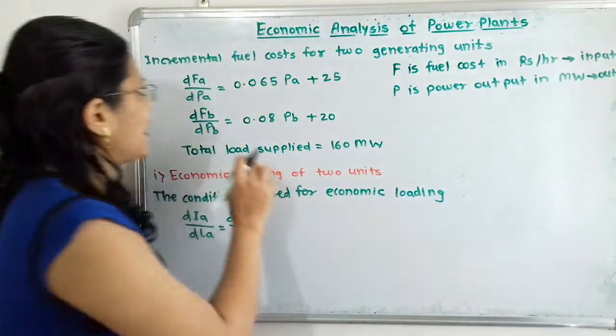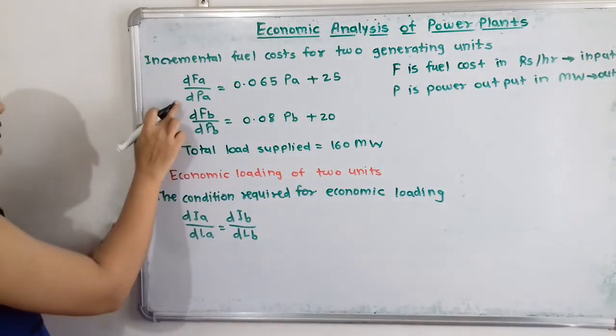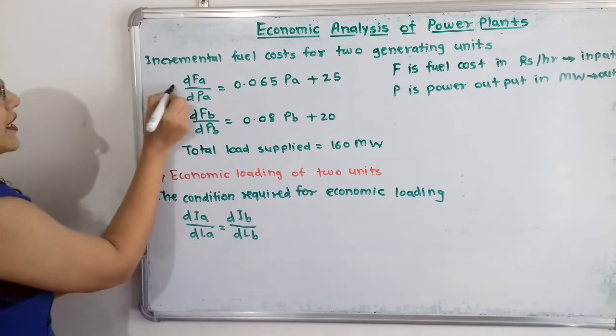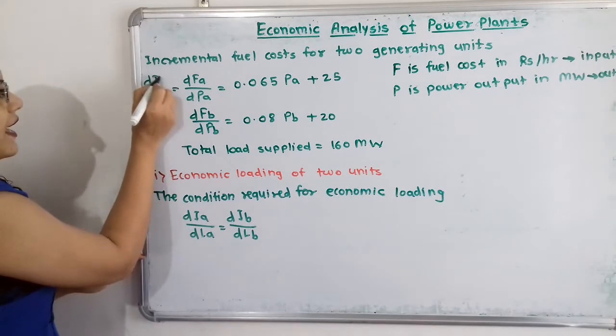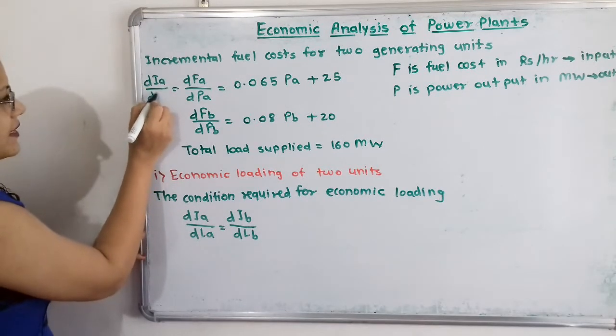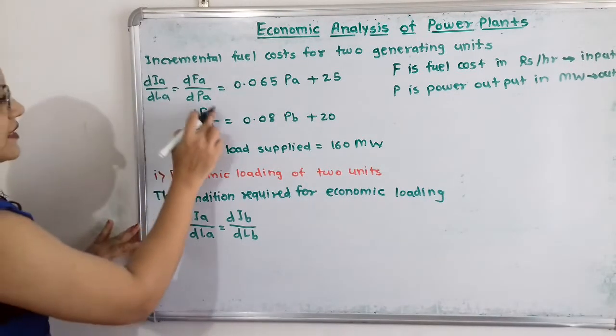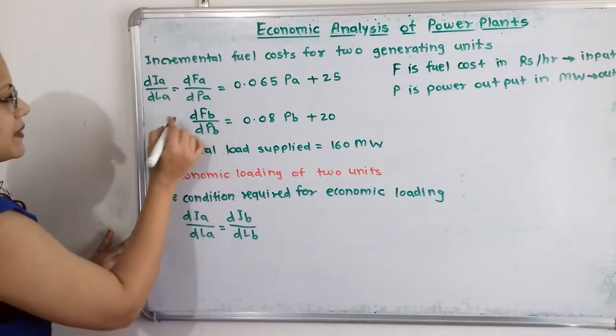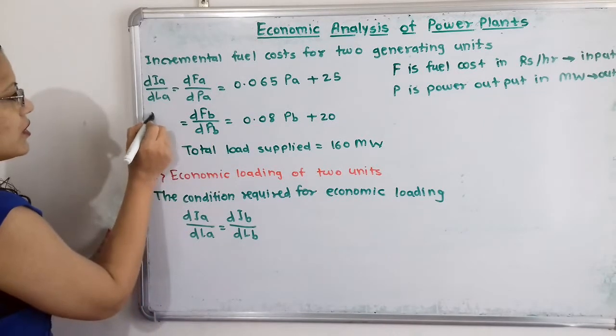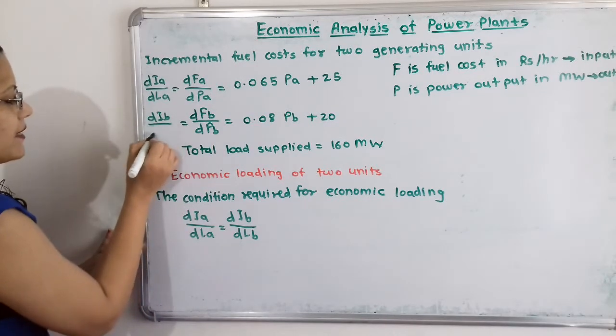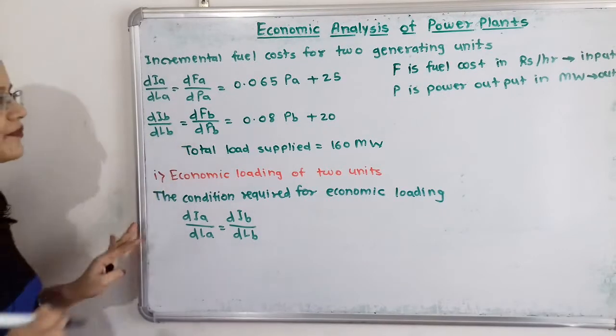So we can say that this ratio dFA by dPA is equal to dIA by dLA for the generating unit A, and this ratio dFB by dPB is equal to dIB by dLB.